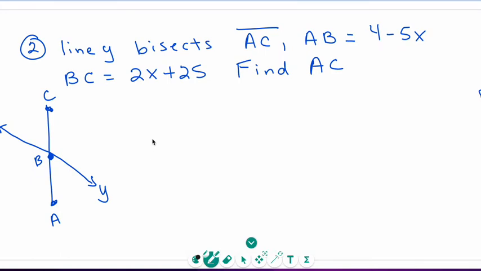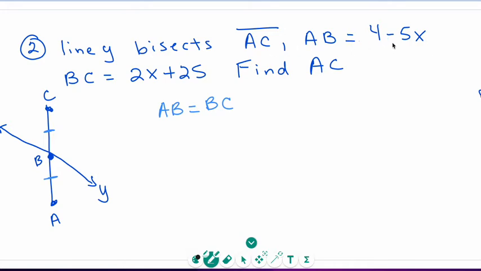I have line Y bisecting AC. So that tells me that AB is congruent to BC, and they're also equal to each other. So I know with the line bisector that AB is equal to BC.